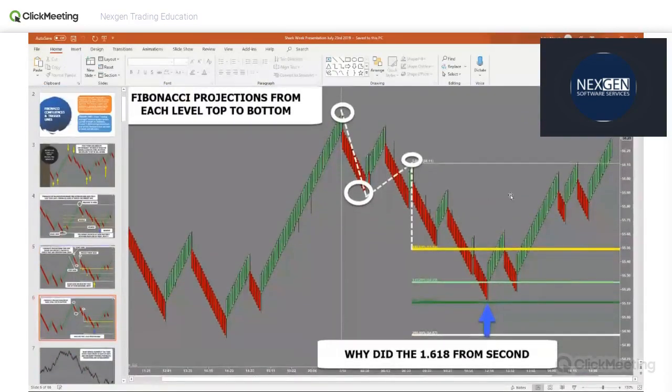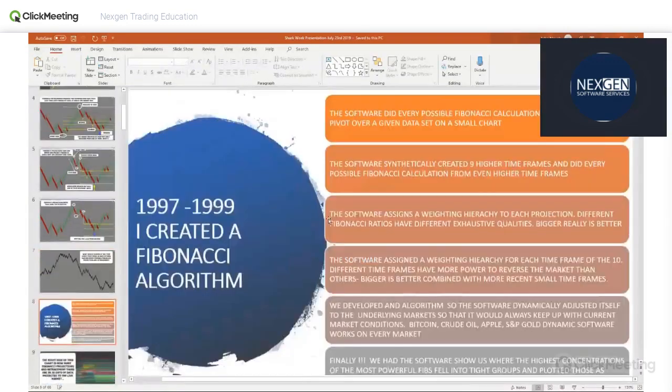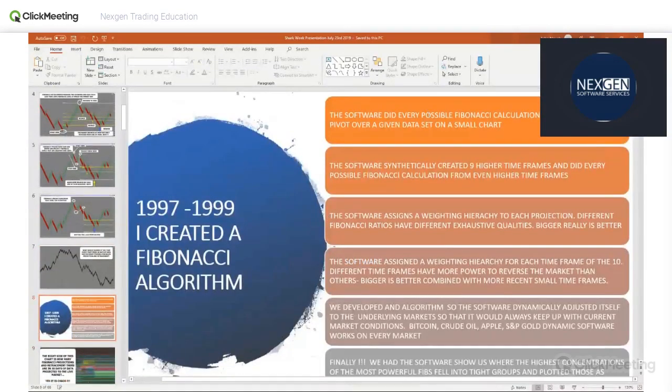And then ultimately, what we do is we take thousands and thousands of swings over the course of 30 days, and we do essentially every possible Fibonacci projection and retracement from every possible pivot point over 30 days.